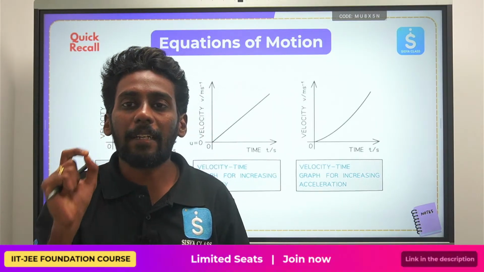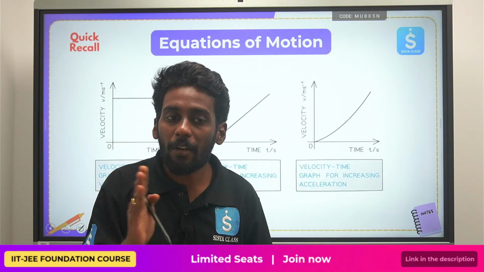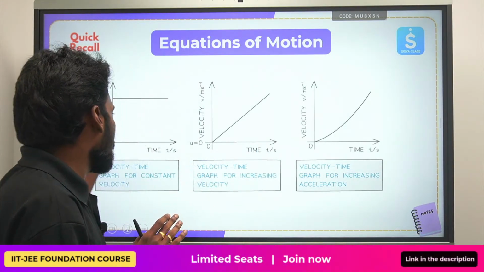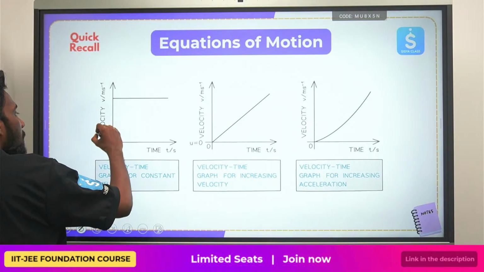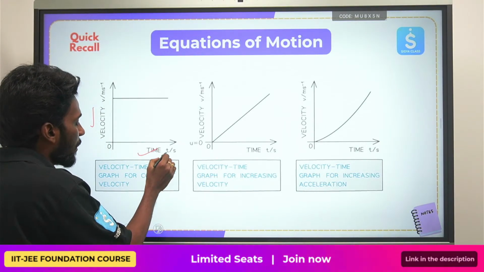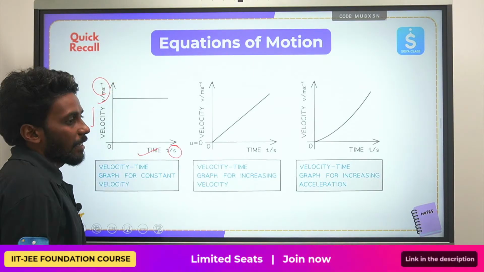Now we are not studying the displacement of the body. Now we are studying the velocity, like the rate of change of displacement, with respect to time. You are taking velocity on the y-axis and time on the x-axis. The time is measured in seconds and velocity is measured in meter per second, right?